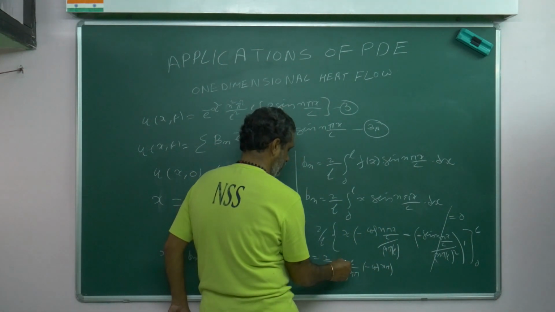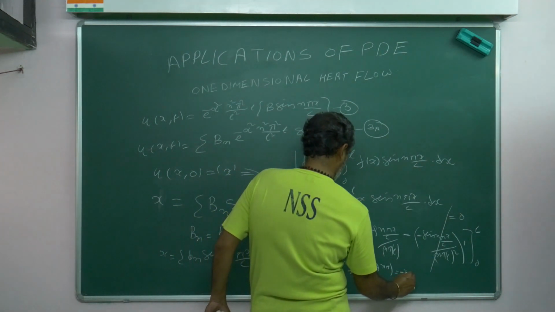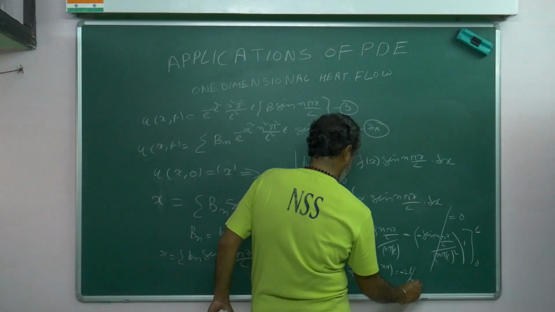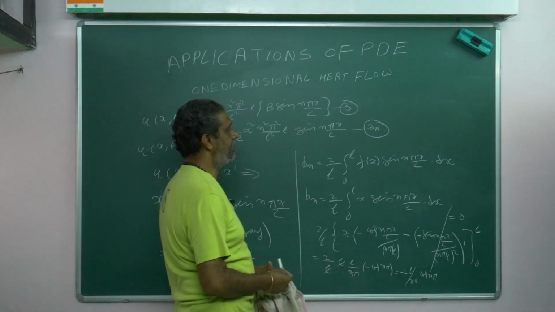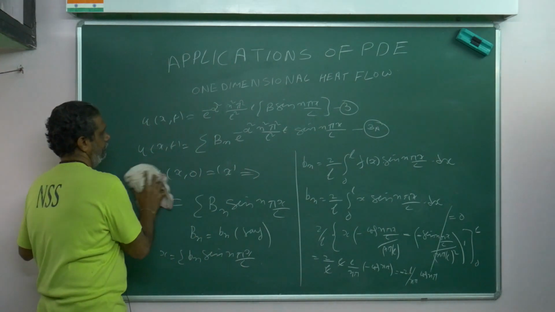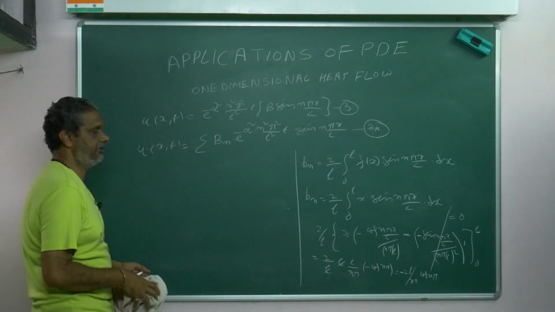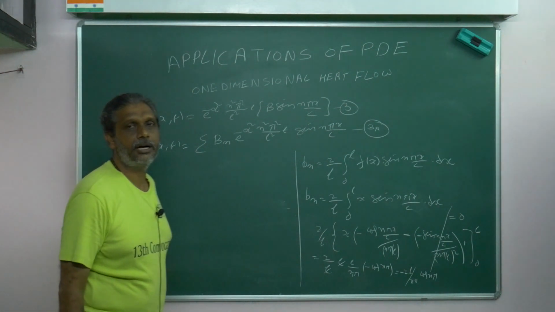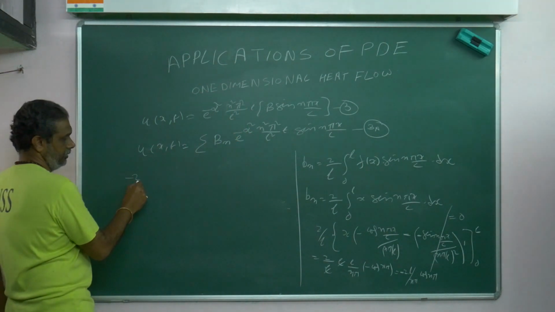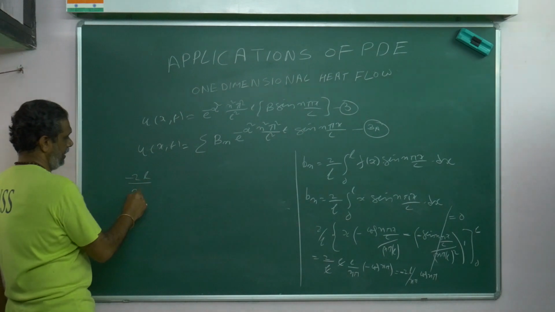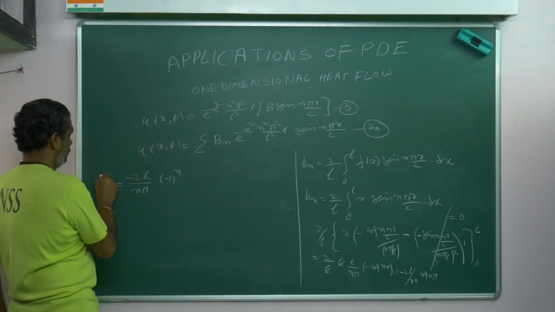So this is equal to what? This and this cancel, so this will stand: minus 2L by n pi cos n pi. Who is cos n pi? It is minus 1 power n. Cos of even pi is plus 1, cos of odd pi is minus 1. So minus 2L by n pi minus 1 power n is equal to Bn.